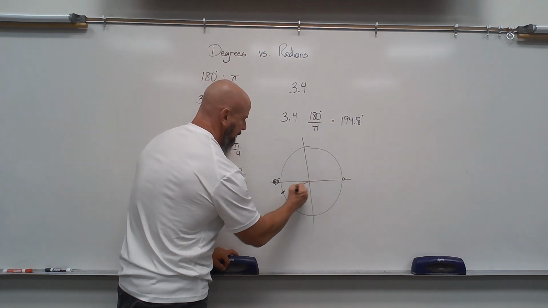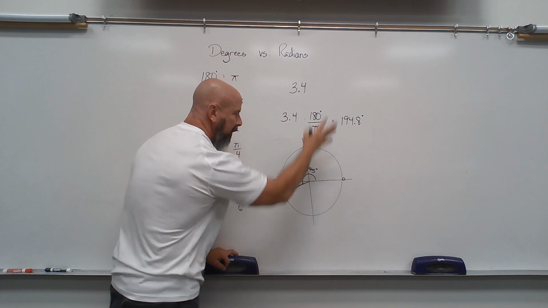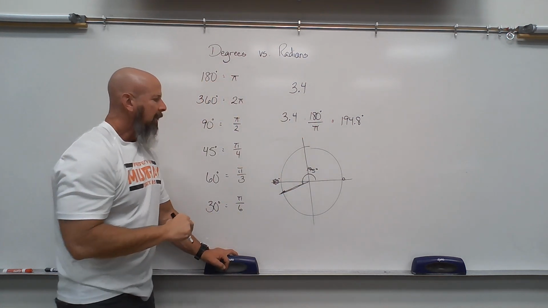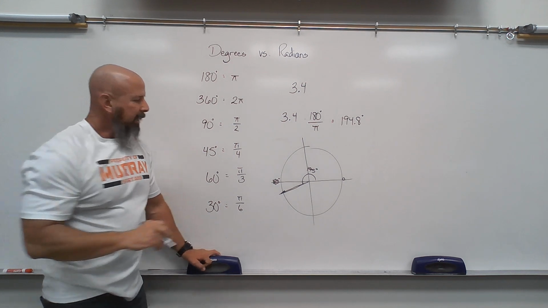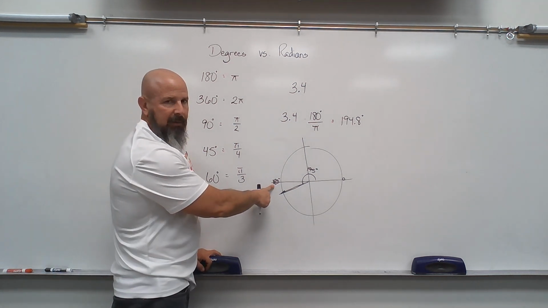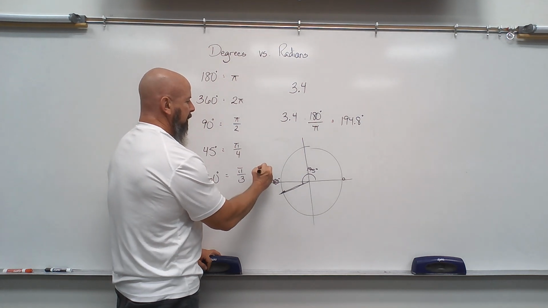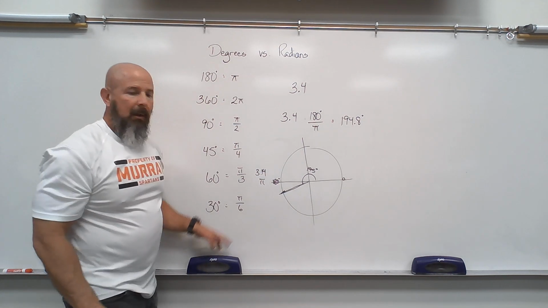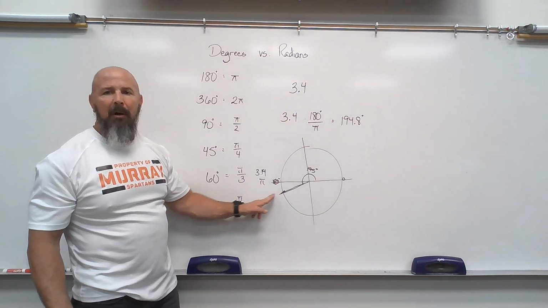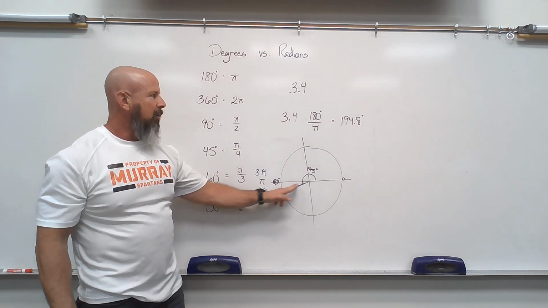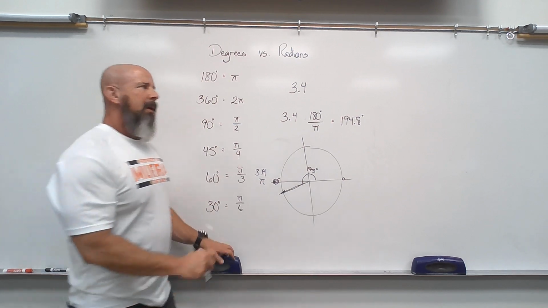There's that 195-degree angle, or 194.8. And the way that I can equate that to that 3.4 radians, remember 180 was pi. Well, pi is 3.14. Well, 3.4 would be a little further than 3.14, kicking me down into that third quadrant. Okay, so I need to look very close sometimes.